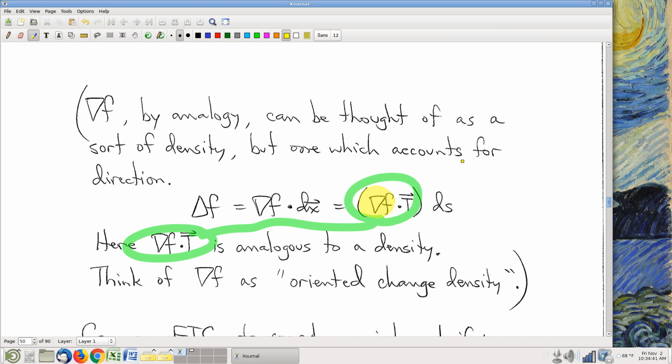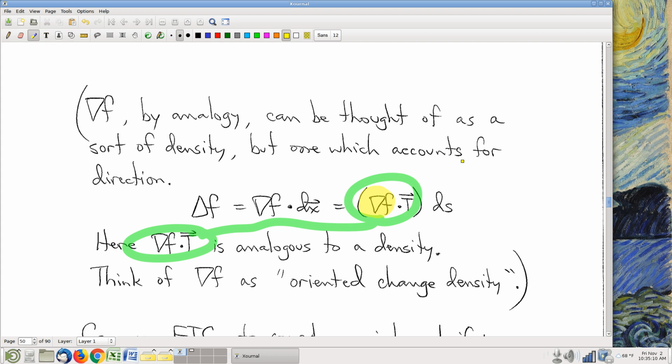It's a vector with a magnitude that tells you change per unit distance traveled in that direction. It's telling you change per unit size. That comes with an asterisk, assuming you're going in the ideal direction. If you're going off at a different angle, you have to take the dot product to get the cosine in there to account for what the actual change is. So yes, there is that asterisk.